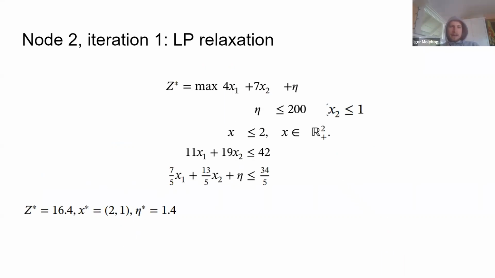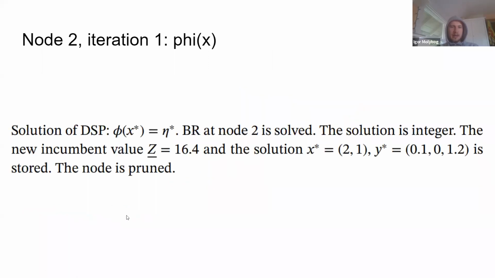On the next iteration, we resolve the problem, get in fact an integer solution for x, and after the solution of the problem for the 5x star, we get the same value for the eta star.